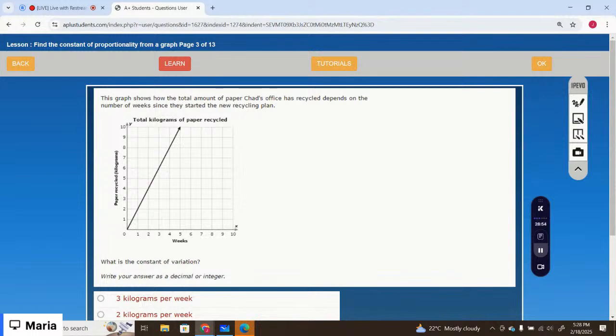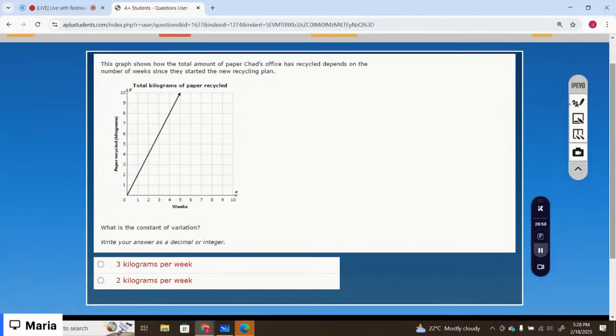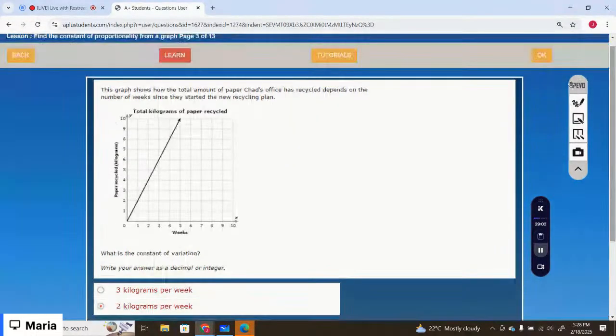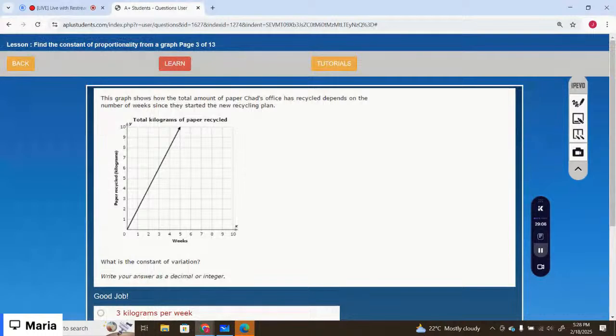The constant of variation is 2 kilograms per week. Option number 2 is the correct option. That is 2 kilograms per week.